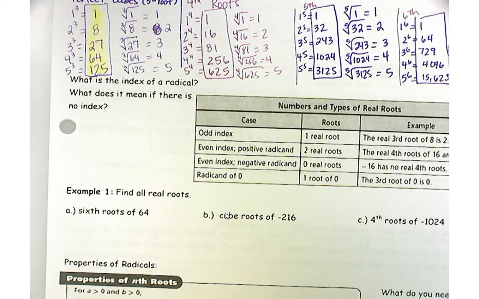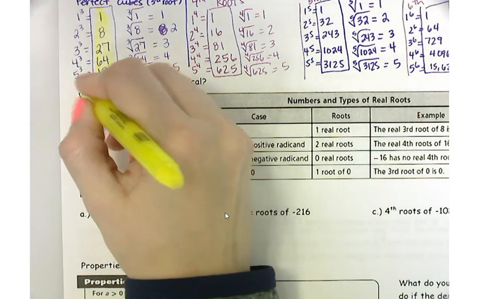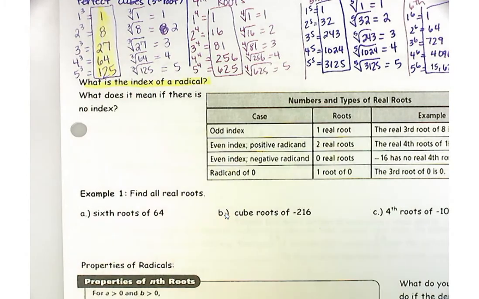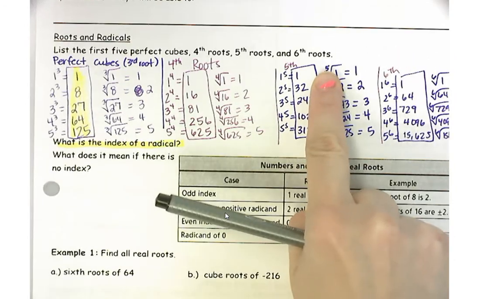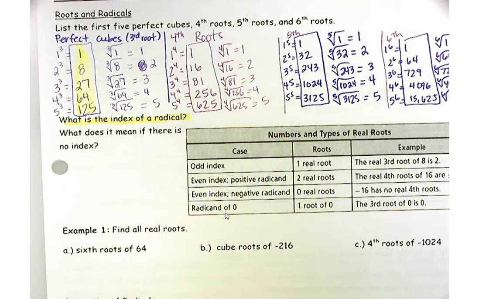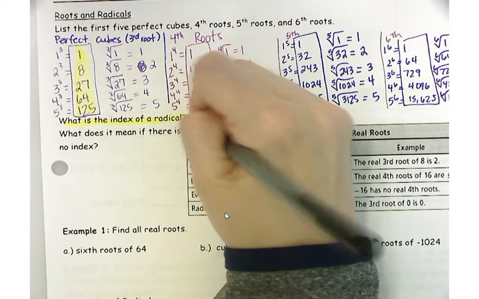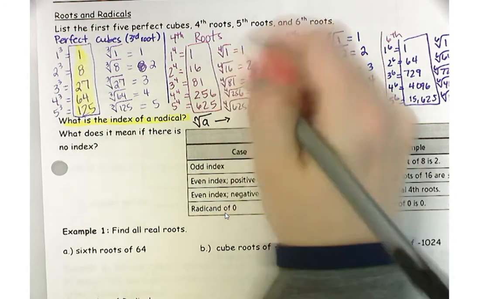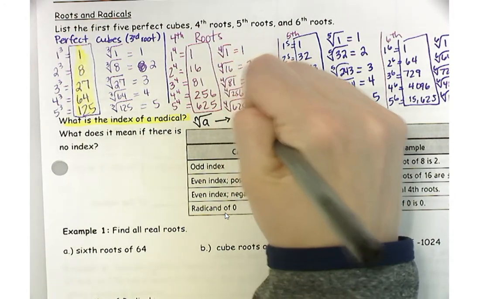So if it's of the form the nth root of a, which is usually what they'll say in general, the value of n is the index or root. Okay, so we either call that the index number or the root number.